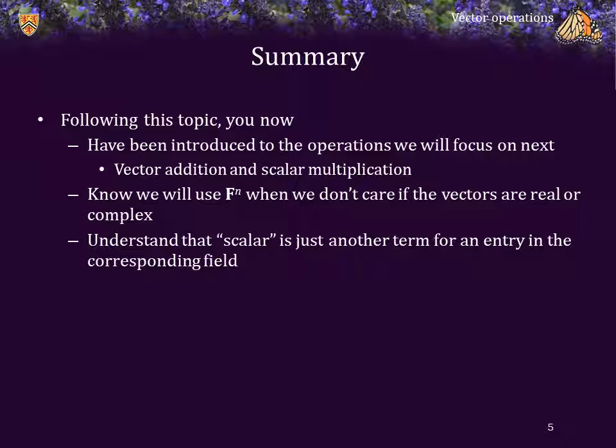You know that we will use the notation capital F to the power n if we don't care whether or not the n-dimensional vectors are real n-dimensional vectors or complex n-dimensional vectors. And you now are aware that the term scalar is just another term to describe an entry in the corresponding field.